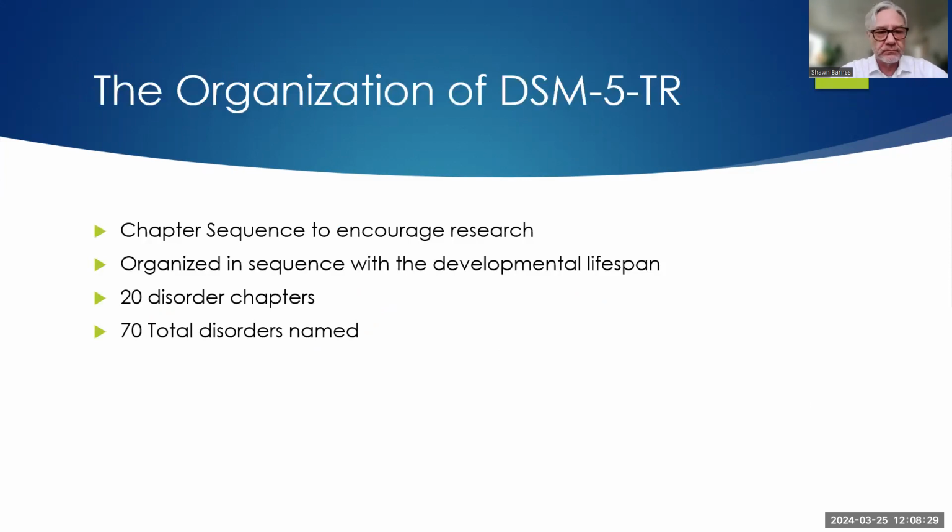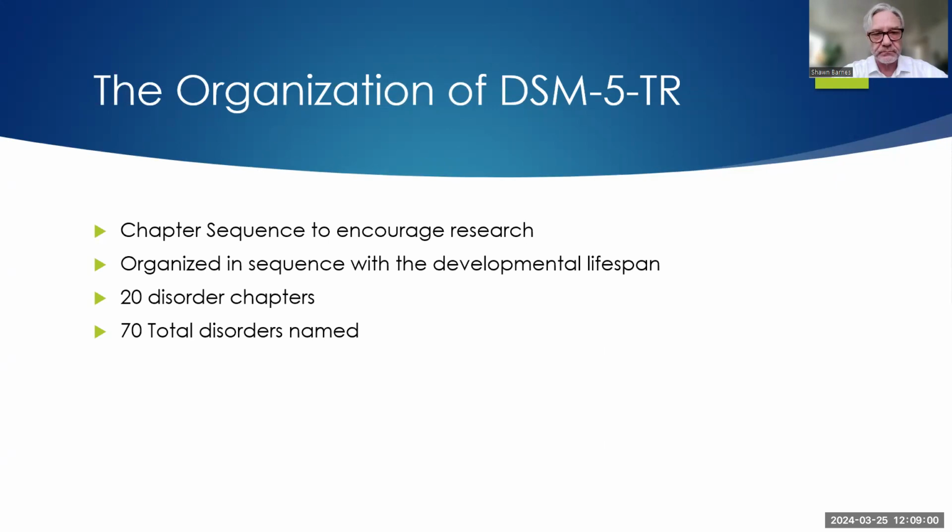Okay, so the DSM is organized in a very specific manner. The primary goals of the manual's framework are to help clinicians make accurate and consistent diagnoses across all settings and to help researchers better understand related disorders. So the sequence is recognition of the advancements and understanding of all the things that are going on, and encouraging research. This is what the APA is saying.